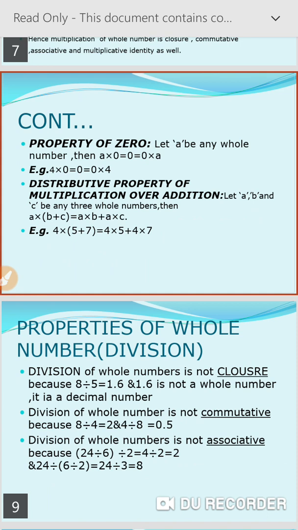This thing you know. Next is the distributive property over addition.